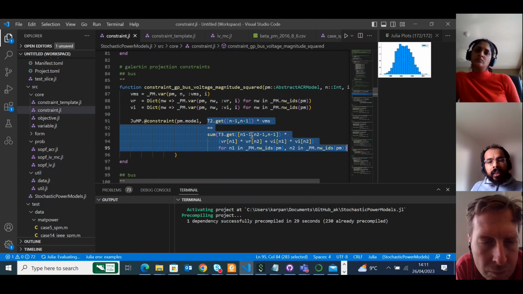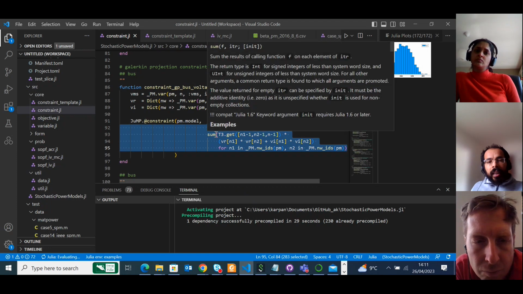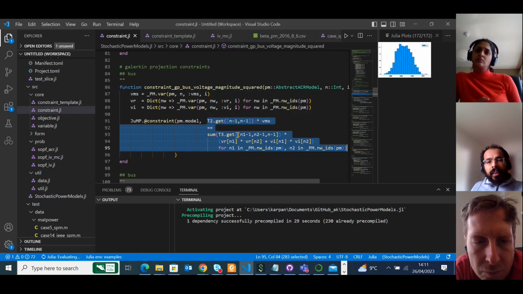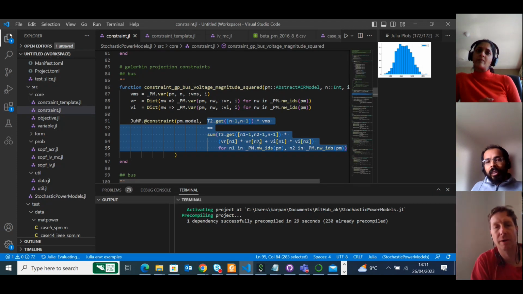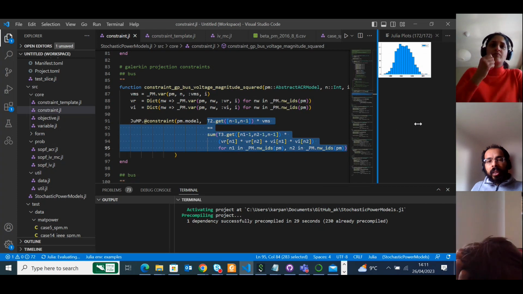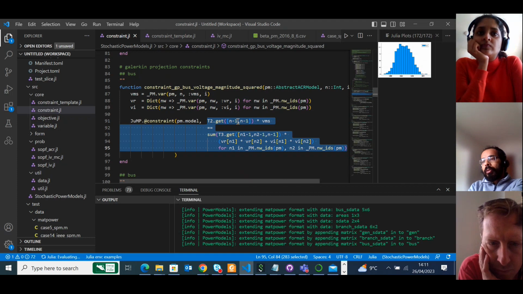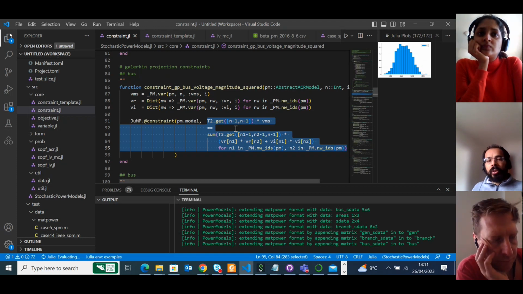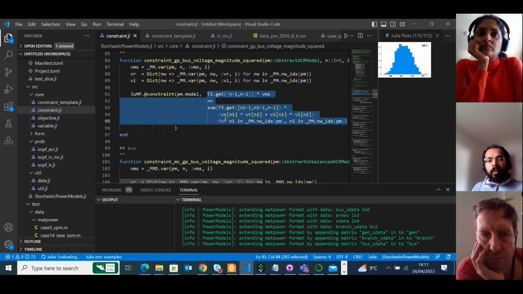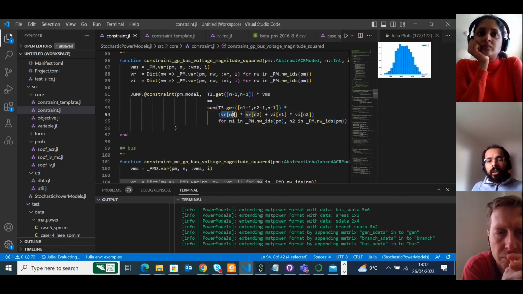So if you see it here, M is this T3, N1 minus 1, N2 minus 1, N minus 1 upon T2 get N1 minus 1, N1 minus N1. Okay. So these things are already pre-calculated. Whenever you give the distribution, we already pre-calculate this, so you don't need to worry about this. The only thing is you implement your product, something like this.